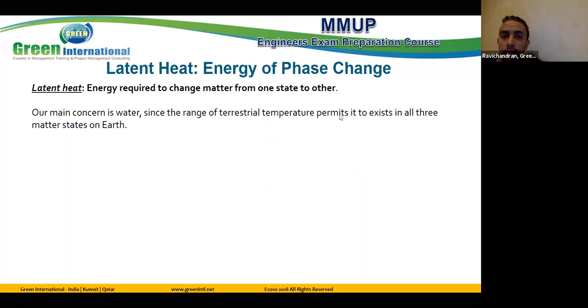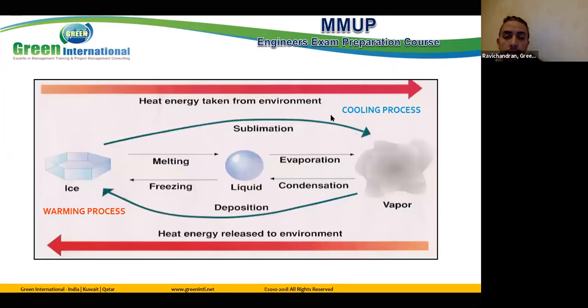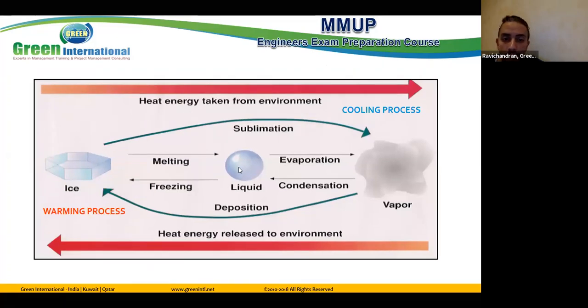Okay, some examples here. Ice, liquid, vapor. What is the process from ice to liquid? Melting. From liquid to vapor, evaporation, and directly from ice to vapor, sublimation.